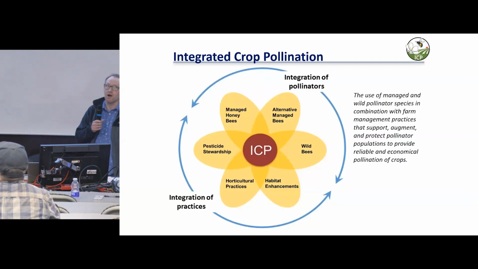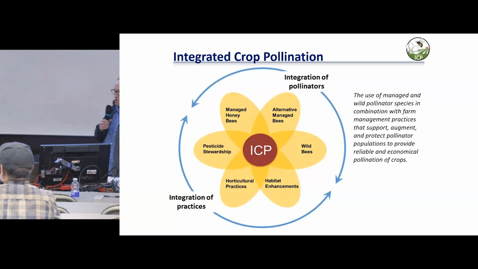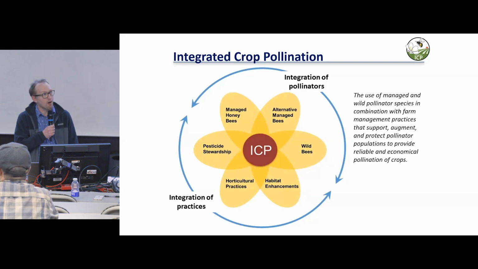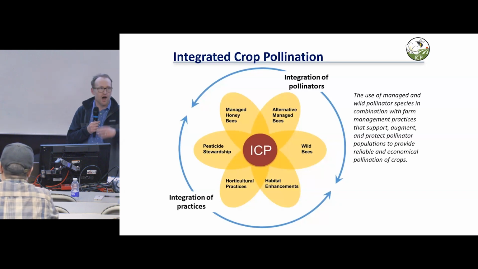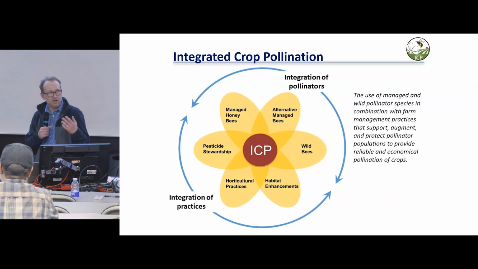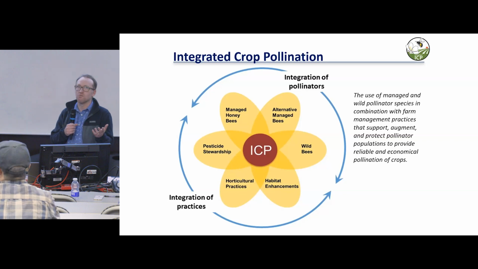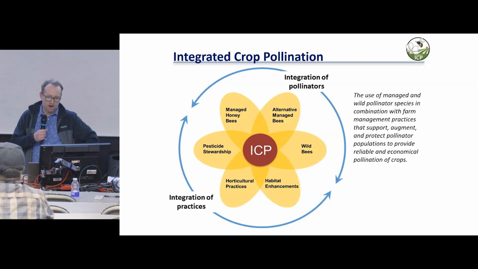So some of the research I conducted when I was at Michigan State had to do with this idea of integrated crop pollination, which is very much in line with integrated pest management. It's an idea of integrating different approaches, different pollinators, in order to maximize the sustainability and the productivity of pollination.